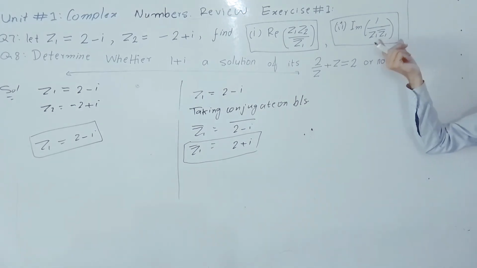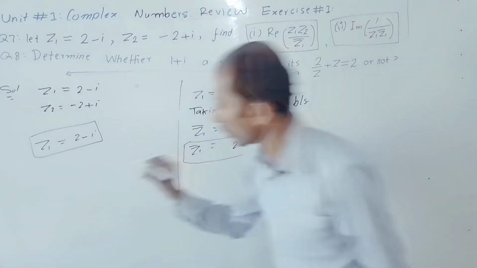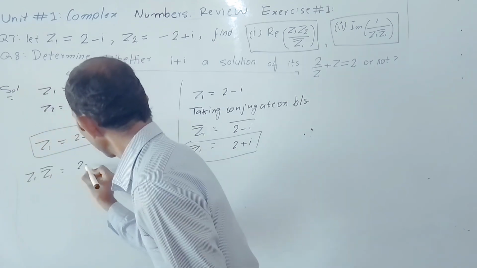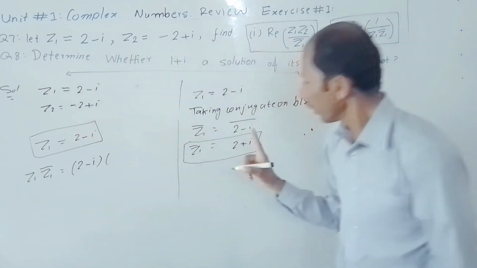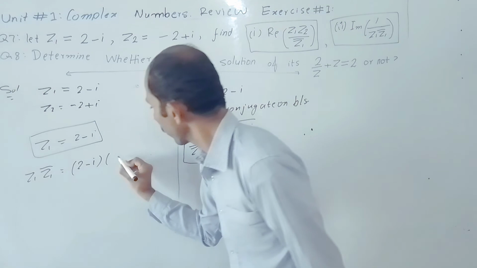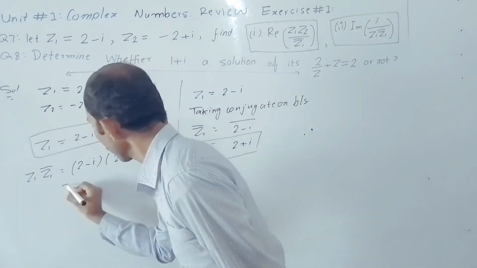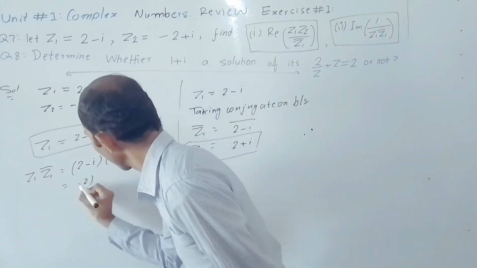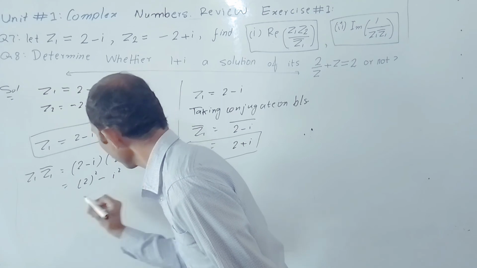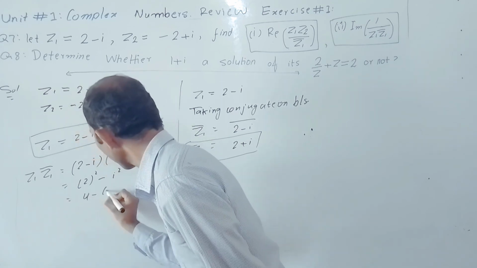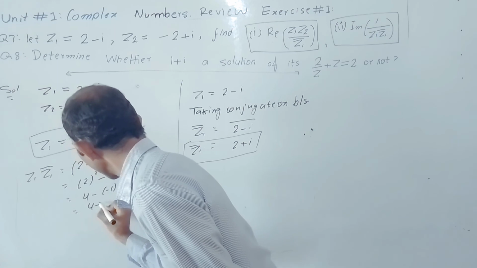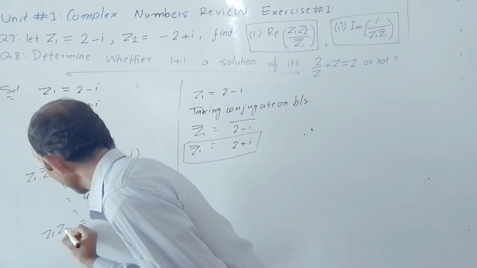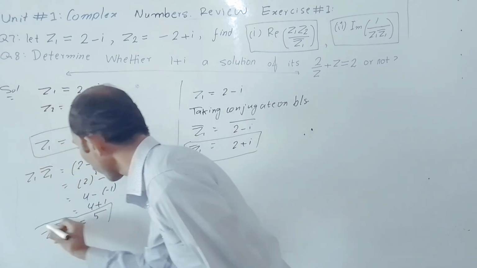So the denominator term z1 into conjugate of z1 is equal to 2 minus iota into 2 plus iota, which can also be written in the form of 2 square minus iota square. So which is equal to 2 square is equal to 4 minus iota square is equal to minus 1, which is equal to 4 plus 1 is equal to 5. So z1 conjugate of z1 is equal to 5.